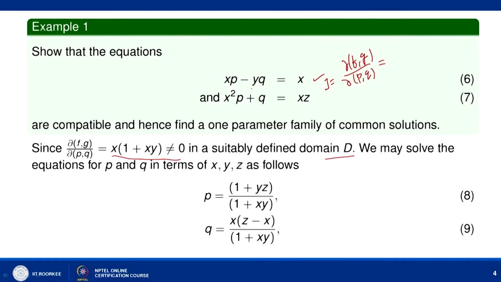For example, I can use xp minus yq equal to x, and simply say that xp is equal to x plus yq, and p is equal to 1 plus yq upon x.